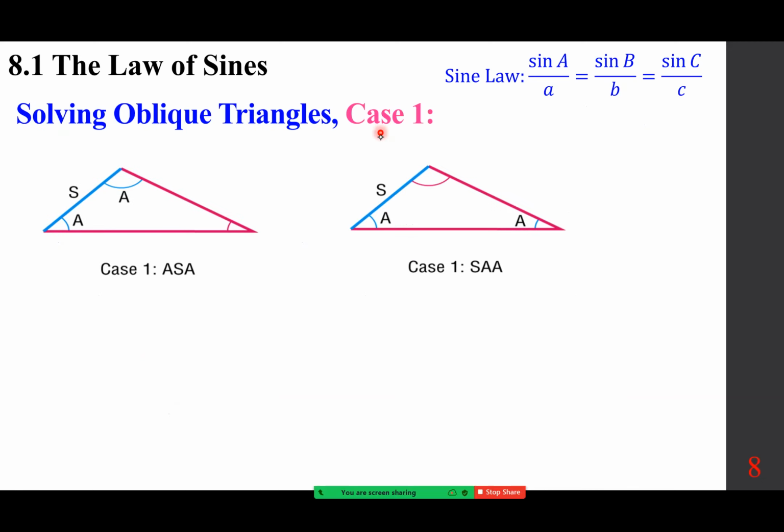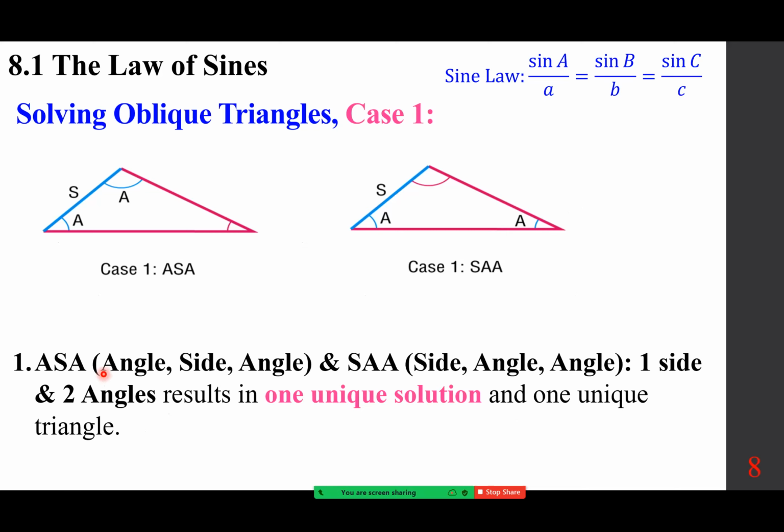In the first case, when we have two angles and one side, ASA or SAA, one side and two angles results in one unique solution and one unique triangle.